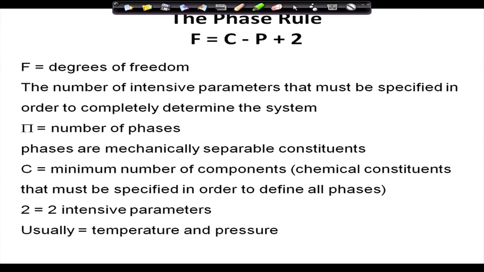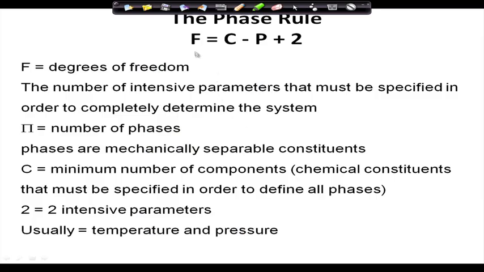And this number of properties is related to the number of phases present in that system and the number of components present in that system by a very famous rule, which is known as the Gibbs phase rule.